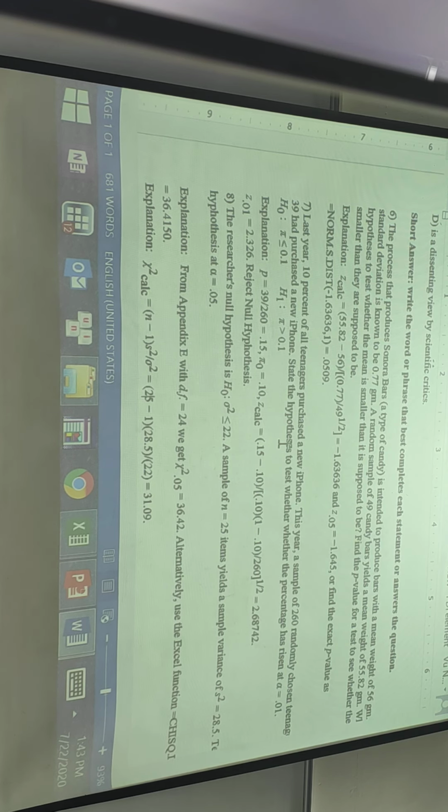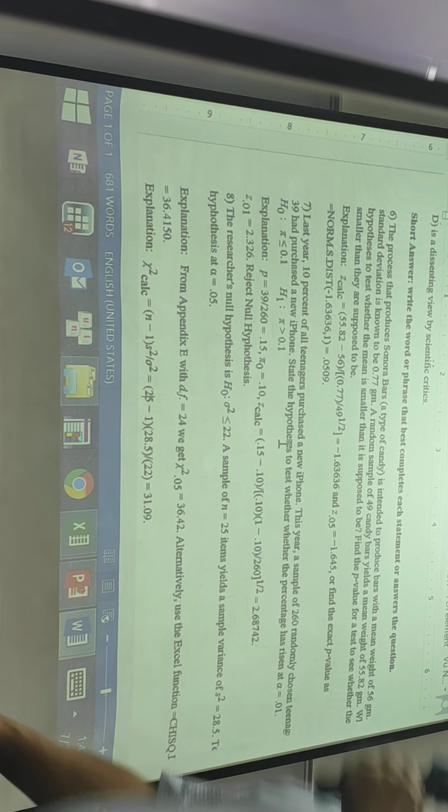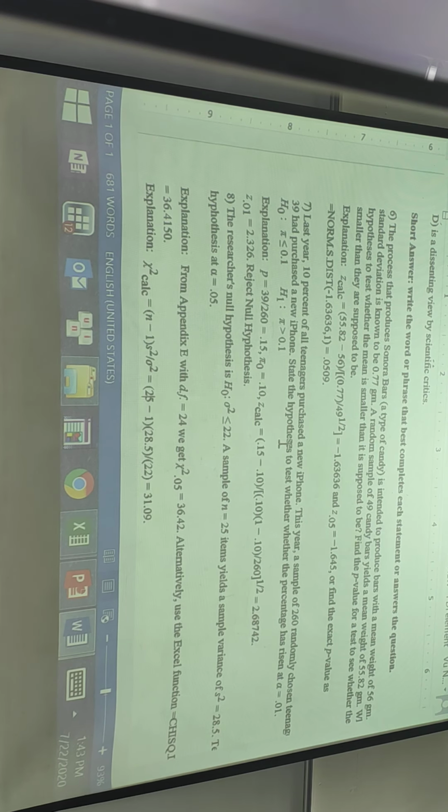When we do the test for the mean, we know sigma or we don't know sigma. If we know sigma, we use the Z test. If we don't know sigma, we use the T test. In this case, clearly we know sigma.